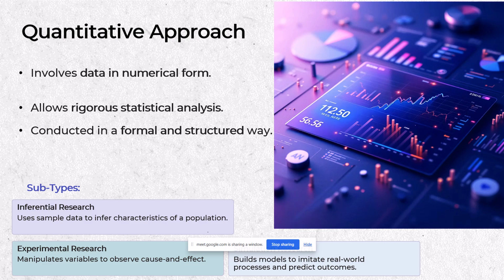And thirdly, a quantitative approach is conducted in a formal and structured way. Inside quantitative approach, we have three subtypes. We have the inferential research, we have the experimental research, and we have the simulation research.